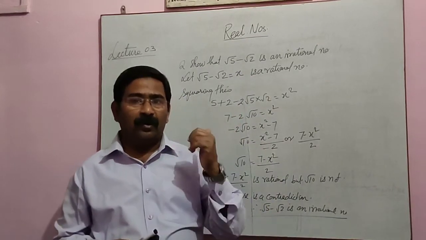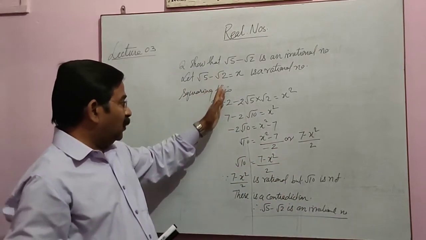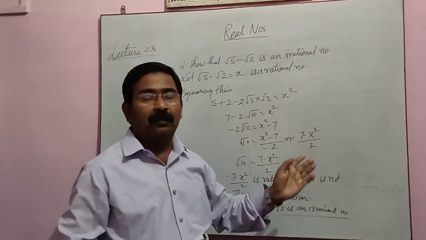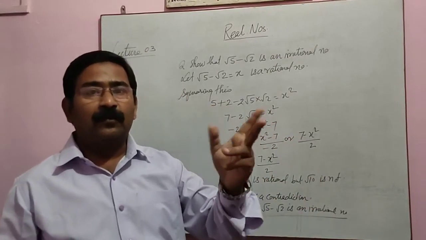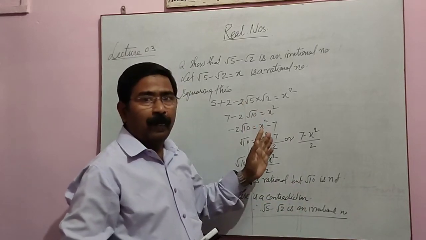So you will solve all those questions by yourself. In the previous exercise, the questions are of this kind: you have to prove that under root 5 is an irrational number, and the sum or difference of a rational and an irrational number. So you can try yourself.